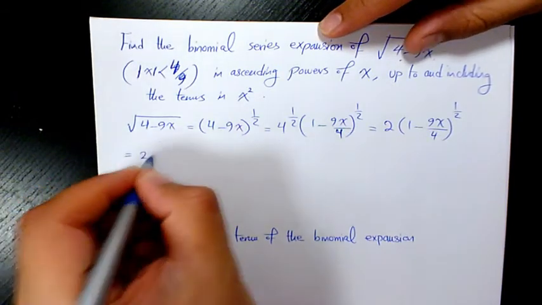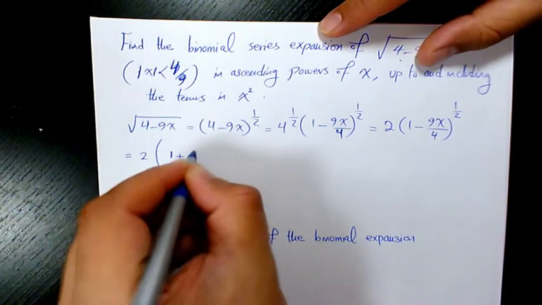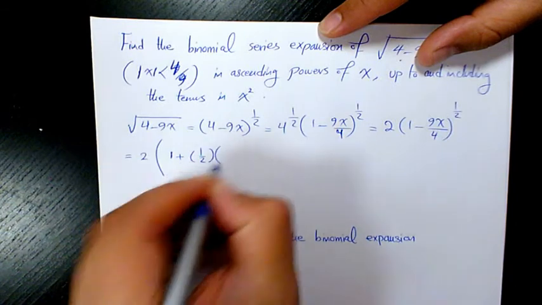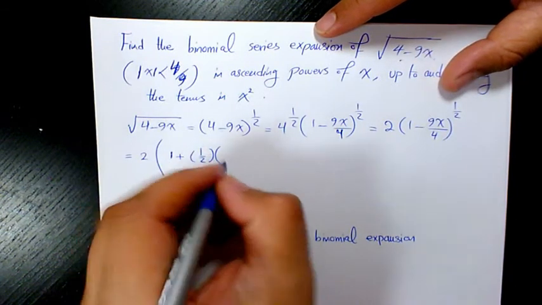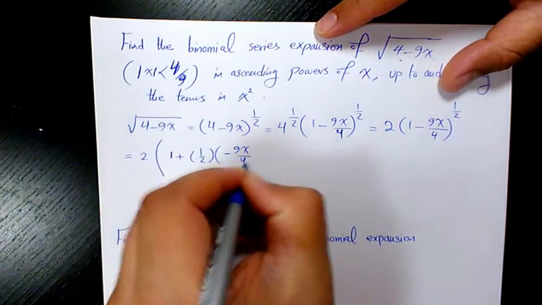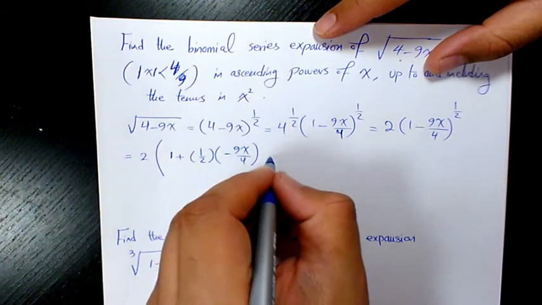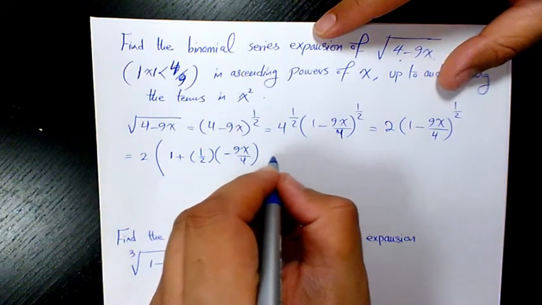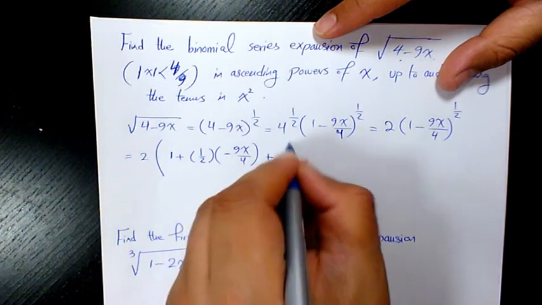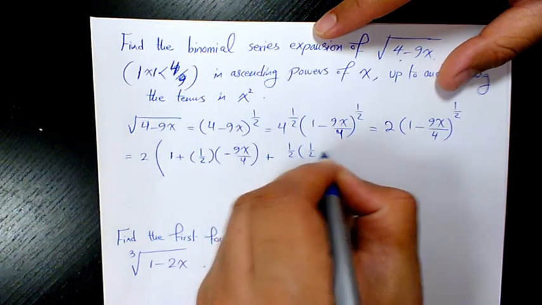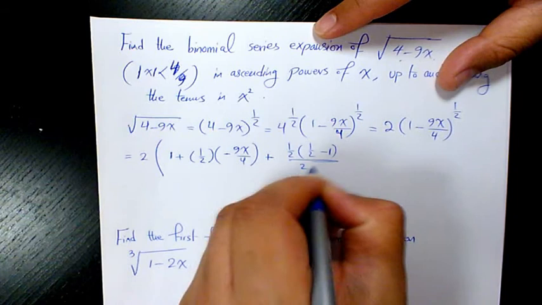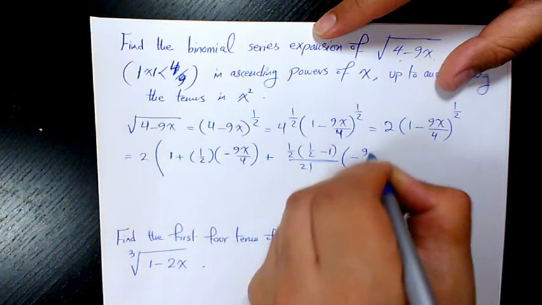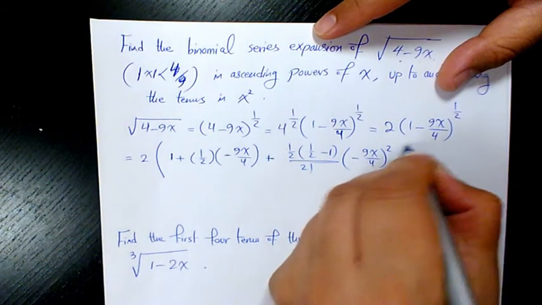So it's going to be 2 times 1 plus 1 over 2 times negative 9x over 4 plus 1 over 2, minus 1 over 2 factorial, negative 9x over 4 to the power of 2.